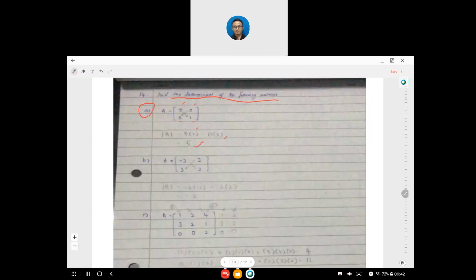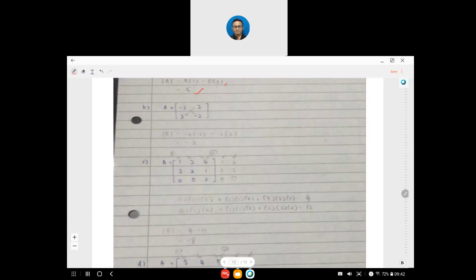Okay, question B. Matrix A equal to negative 2, 2, 3, and negative 2. Determinant equal to negative 2 times negative 2 minus 2 times 3. So you can get 4 minus 6 equal to negative 2.